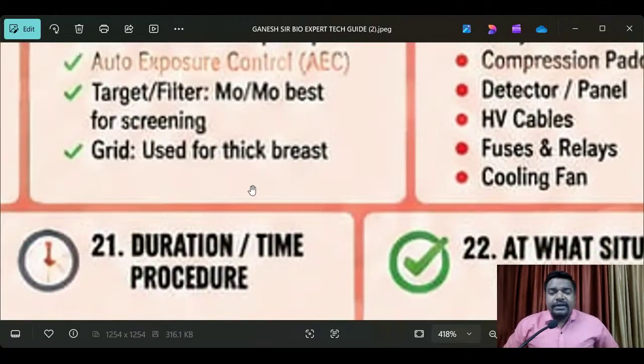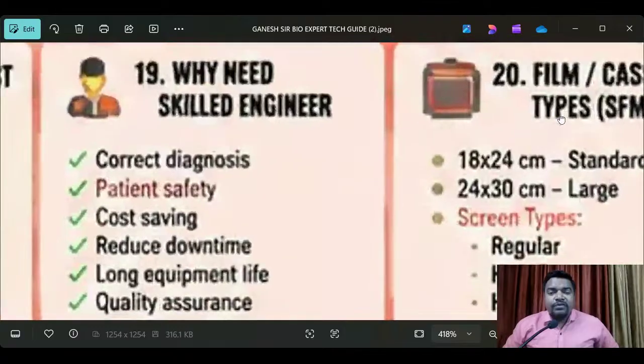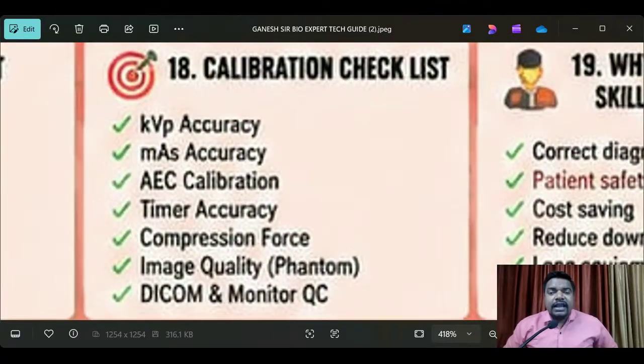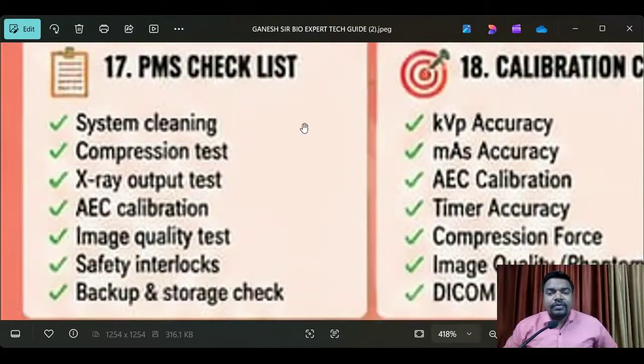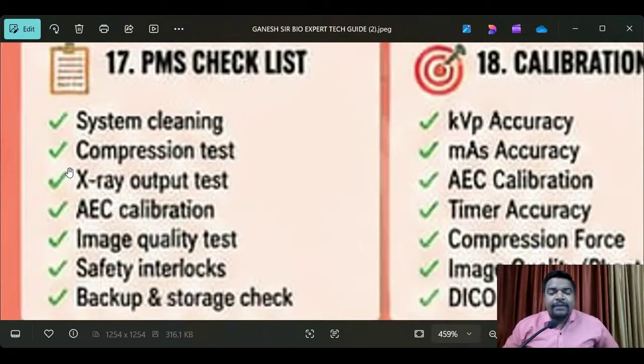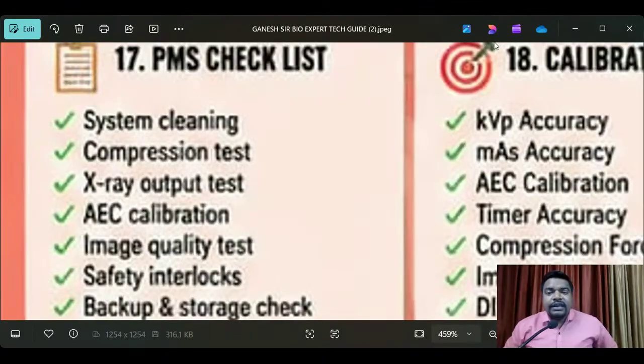Now I hope you got it. Next, come here. Point-wise, I'm going to show you and give explanations, which is important in the work area. Now, the main activity of biomedical engineering services, listen carefully.